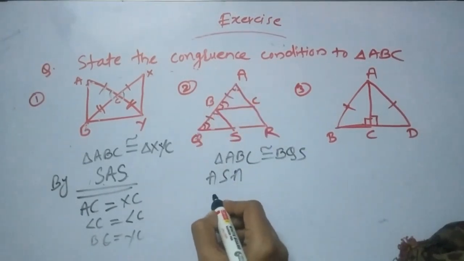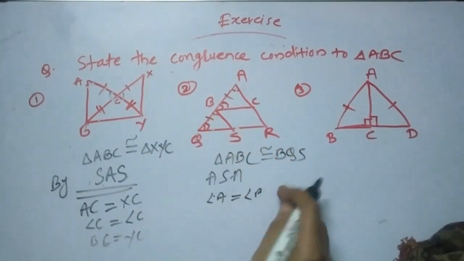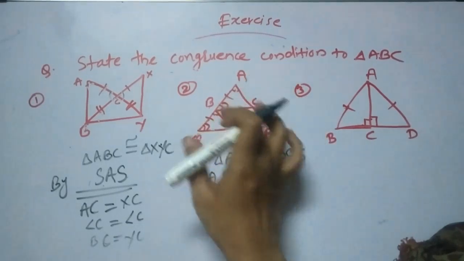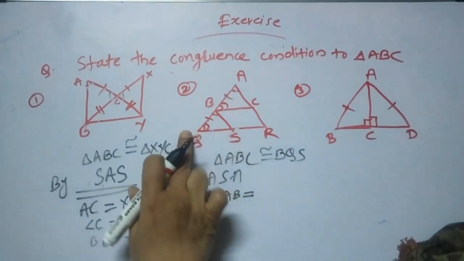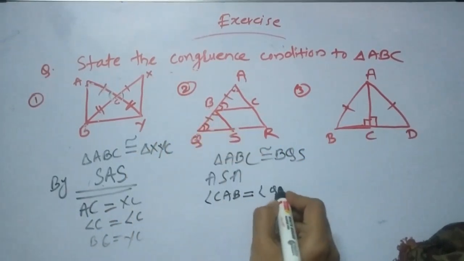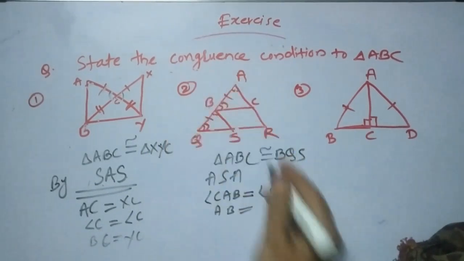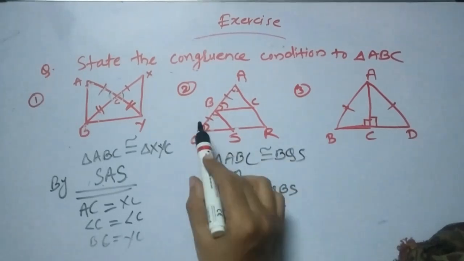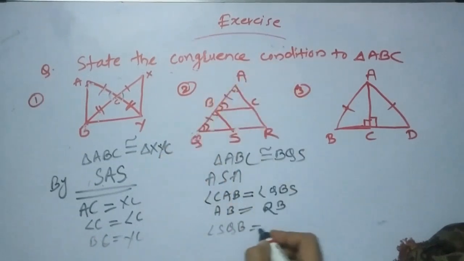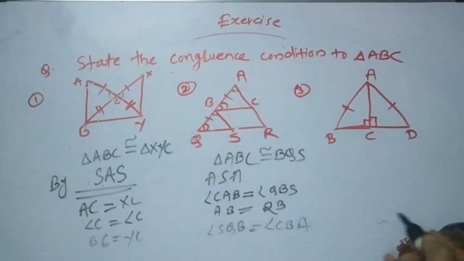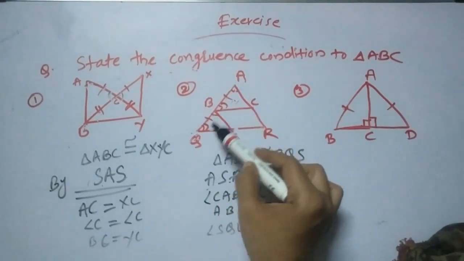You can say this angle A is equal to this angle B, or simply you can write CAB is equal to QBS. Again this side AB is equal to side QB, and also angle SQB is equal to CBA. So now you can see, by using ASA criteria, these two triangles are congruent to each other.